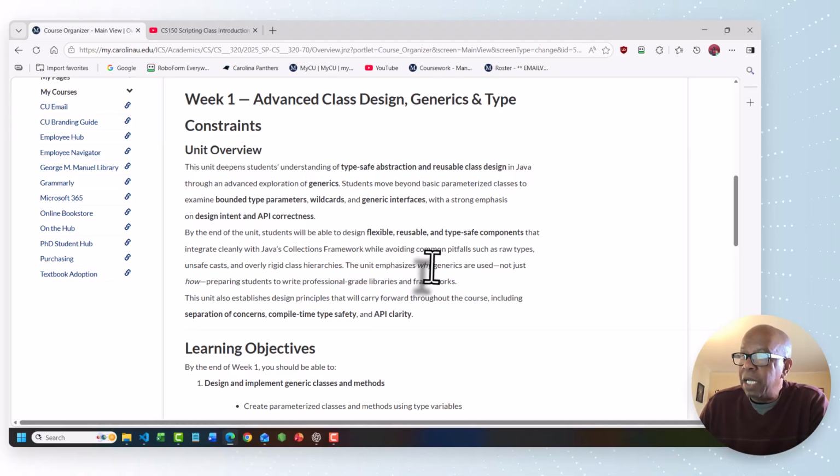The unit emphasizes why generics are used, not just how, preparing the students to write professional-grade libraries and frameworks. This unit establishes design principles that will carry forward throughout the course, including separation of concerns, compile-time type safety, and application programming interface clarity.